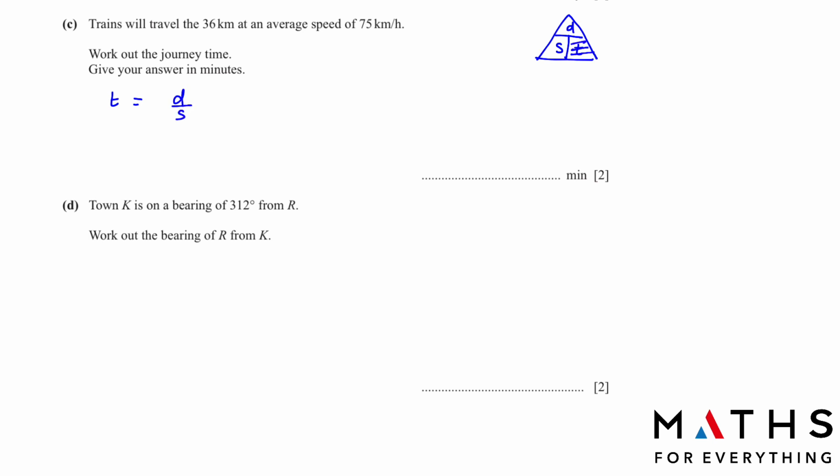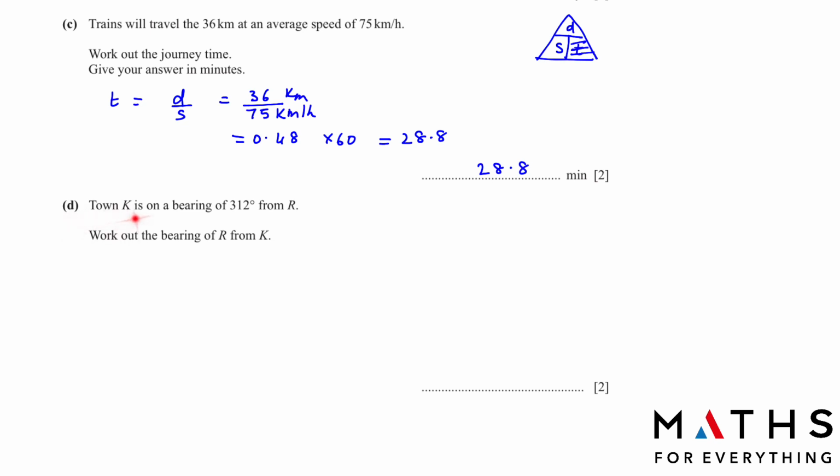Distance is 36 kilometer and speed is 75 kilometer per hour. Put it in the calculator, you will get 0.48. This is hour. To change hour into minutes, you times by 60 and you will get 28.8. That is your answer.